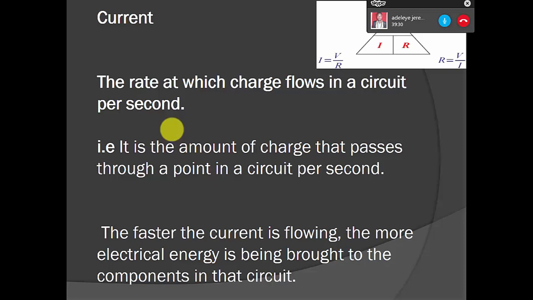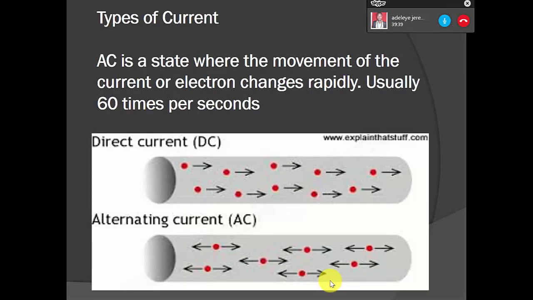Now, how fast the current flows will determine the electrical energy that will be brought to the component in that particular time. I quickly move to slide 9 because of time. We want to talk about two types of current, the direct current and the alternating current. We see the direct current moves in one direction, but the alternating current at some time can rapidly move in the other direction.